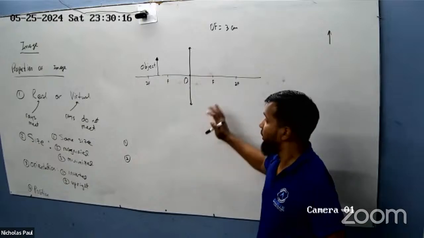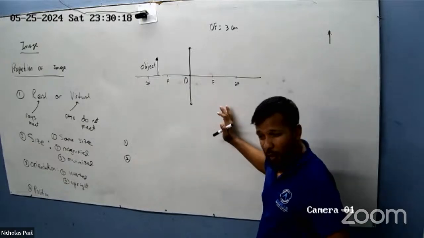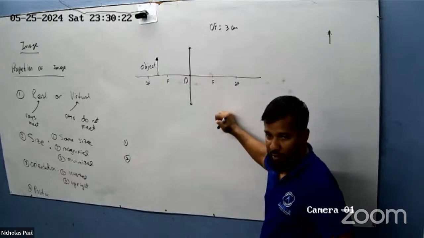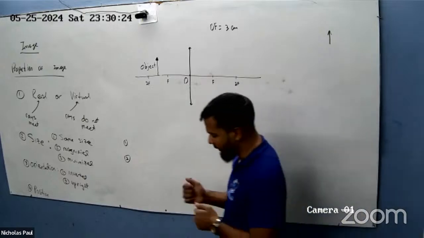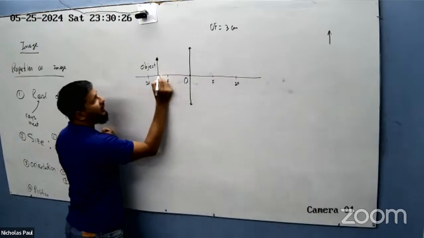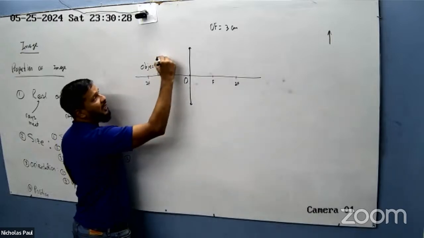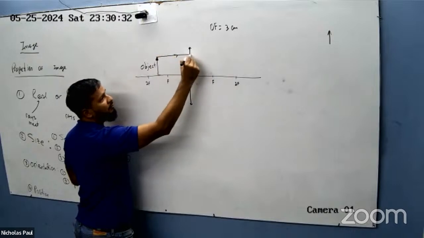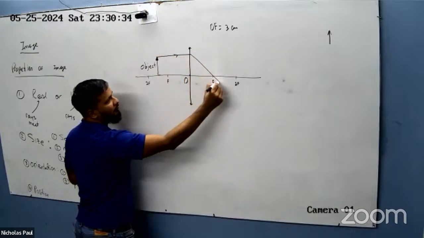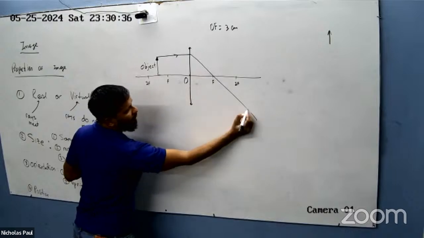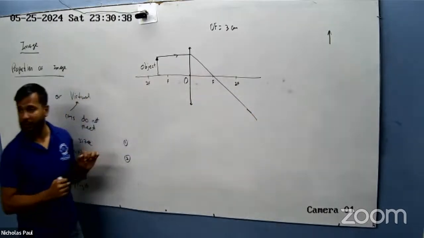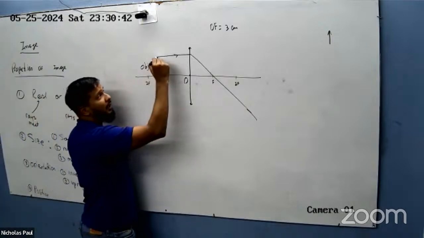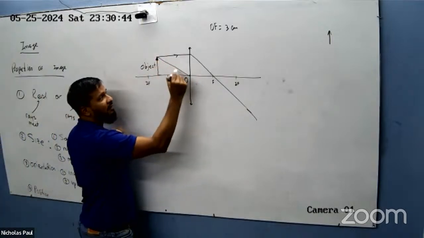All right, so I'm going to do this one for you. Mine is not to scale, right? These things really have to be done on a graph page. So watch this here. First way, parallel to the principal axis, through the focal point. Next one, it goes through the optical center.